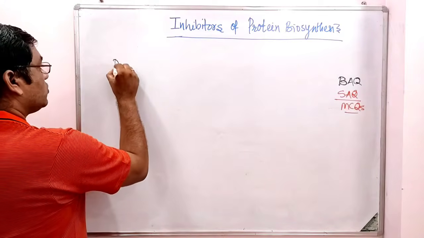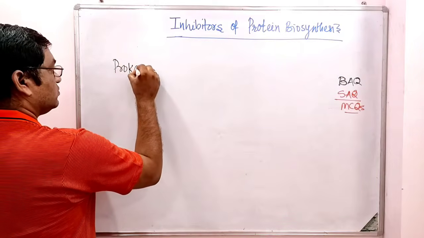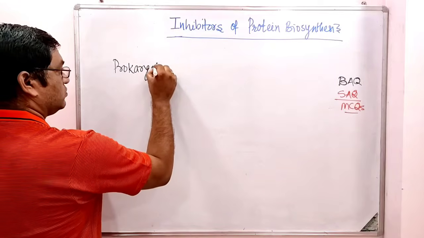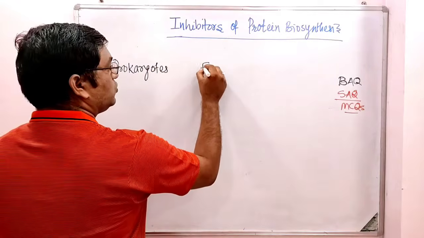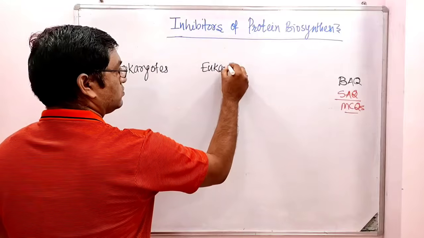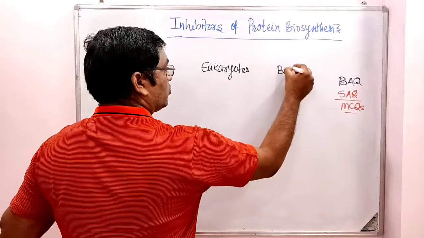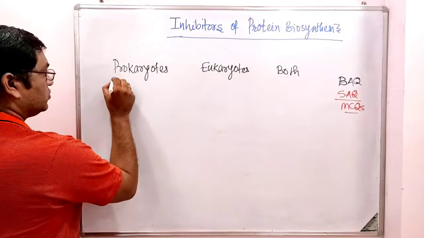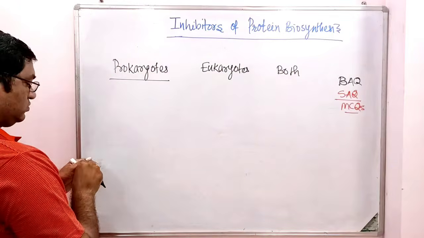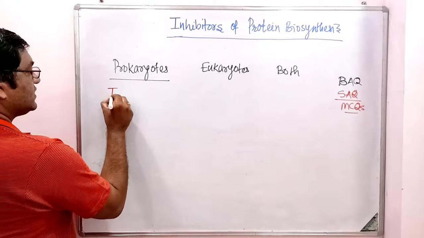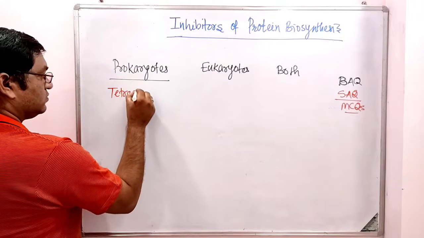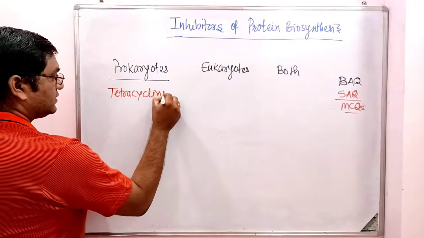So in prokaryotes, in eukaryotes, and in both pro- and eukaryotes. So it includes mainly tetracycline, cyclines.